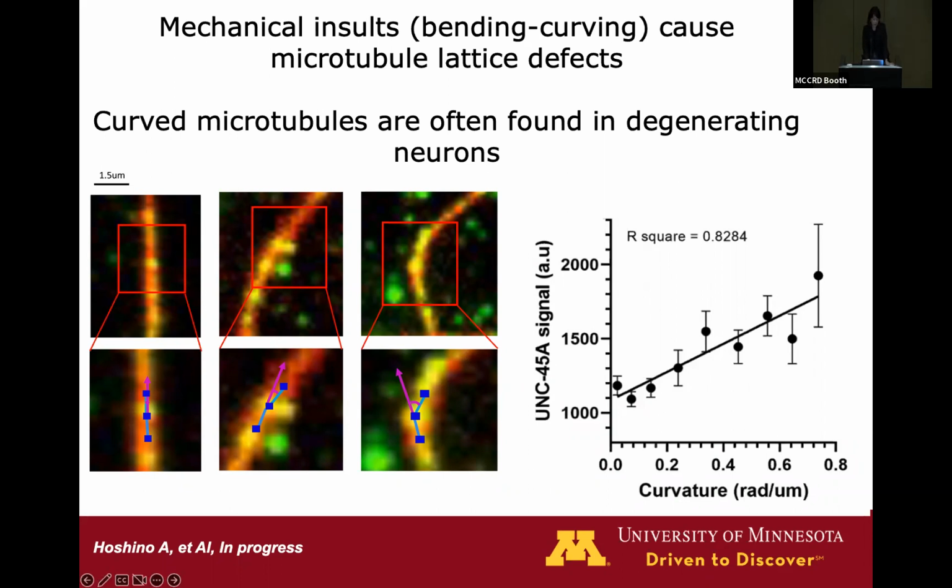So this is, red are the microtubules, green is ANC45, yellow is, of course, the merged image. And so you can see that in areas of microtubules that are bent, you have more ANC45 in comparison to areas of the microtubule that are straight, suggesting that ANC45 may preferentially bind curved regions of microtubules for reasons that may have to do with the defects that are present in these areas.